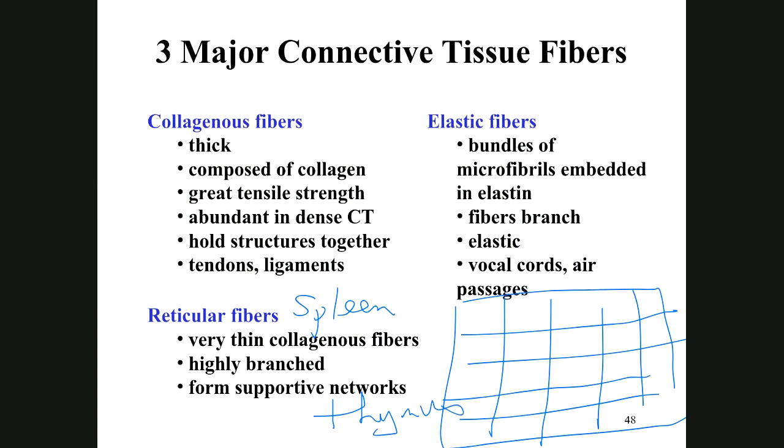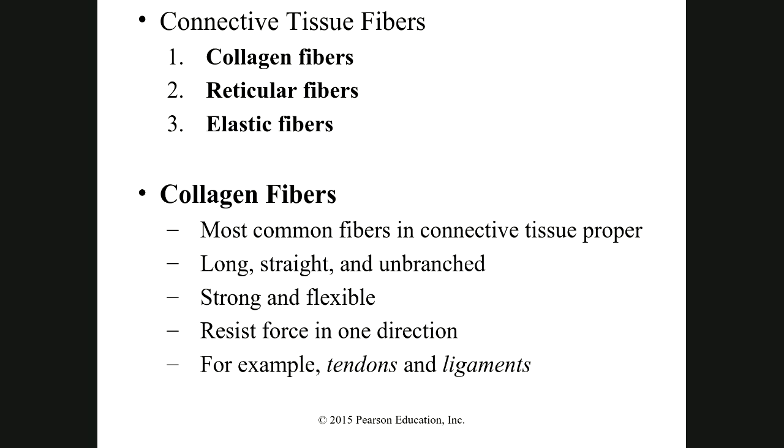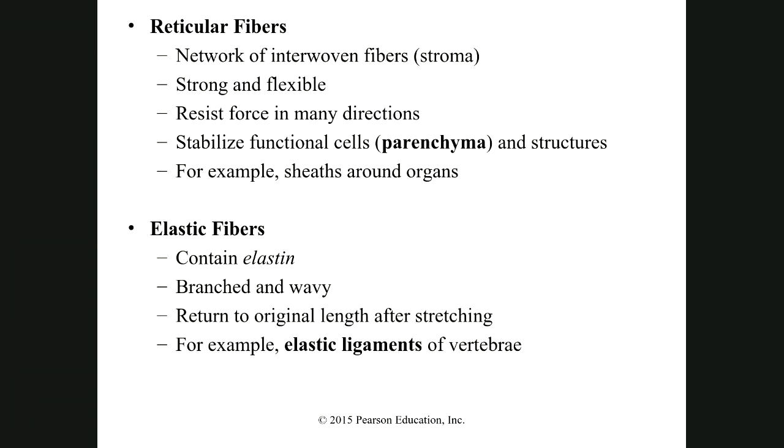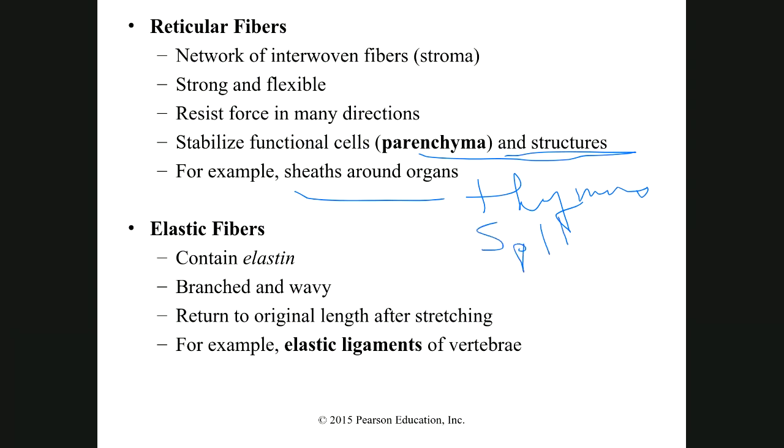Going on a little bit more, it talks about different types of collagen fibers. You can see here it forms tendon and ligament, which you know. Reticular fibers form what we consider the parenchyma and the sheets of the organ, such as thymus and spleen. Liver has it too. You can see that it forms a network.